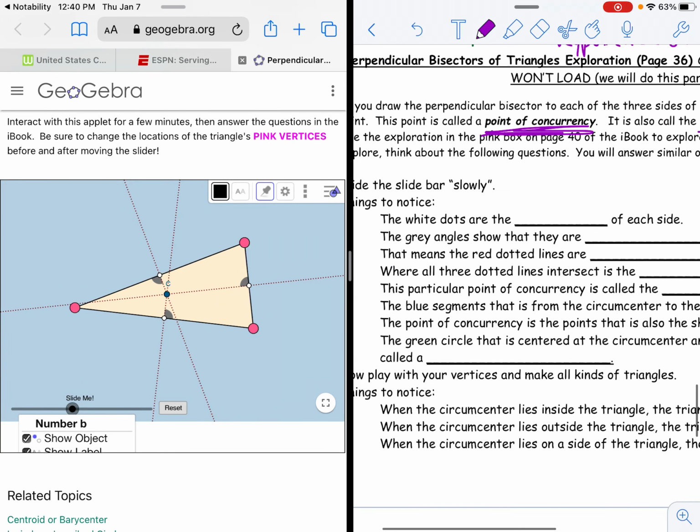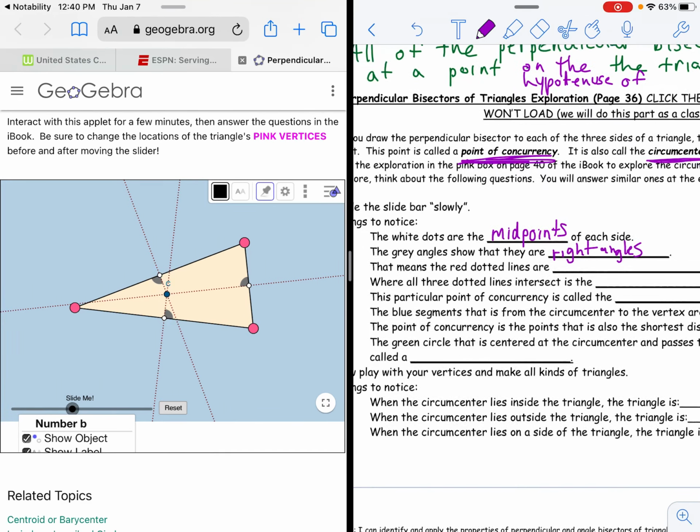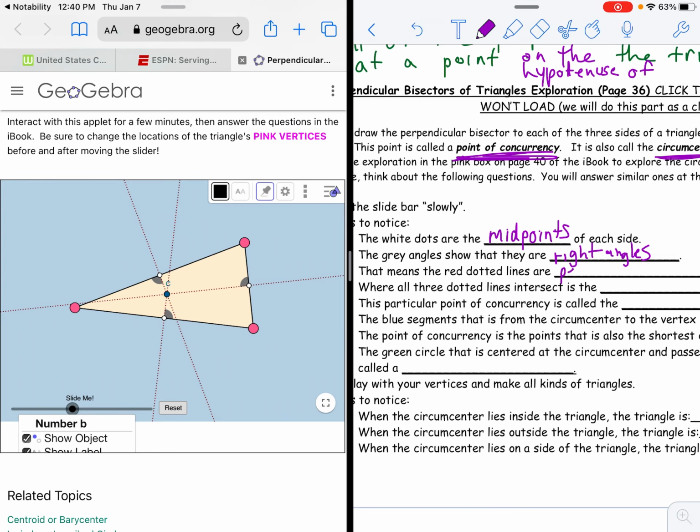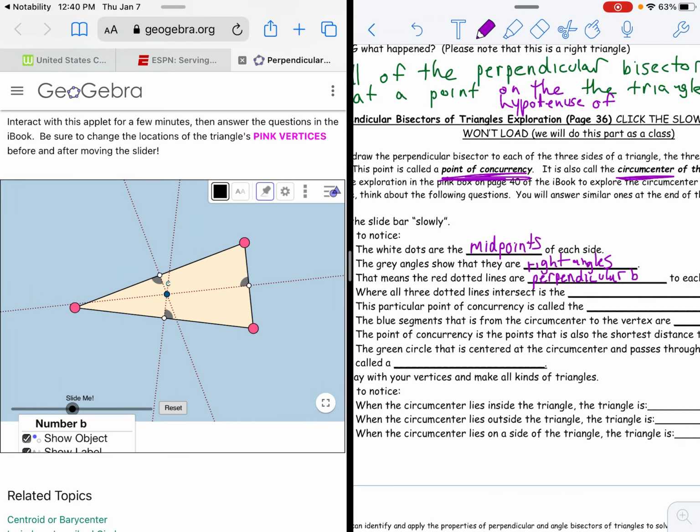These white dots, what are these white dots on each side? They are the midpoints of each side of the triangle. So those are midpoints. And these gray angles are right angles. That's what they actually are. So that means that these red dotted lines are perpendicular bisectors to each side.